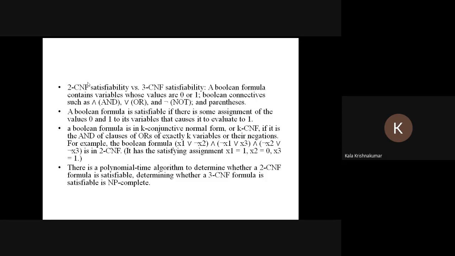That is a conjunction of these disjuncts, and conjunctive normal form has many types. One is 2 CNF, another one is 3 CNF. Or in general, we can say it is a k conjunctive normal form if each of these clauses has k distinct literals.